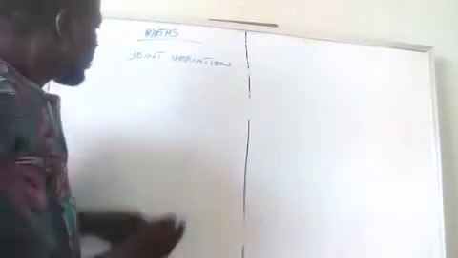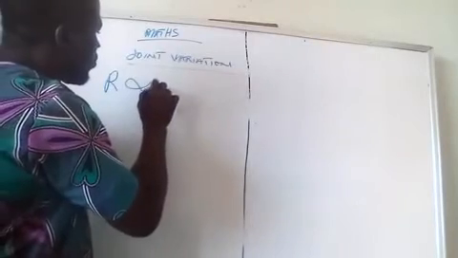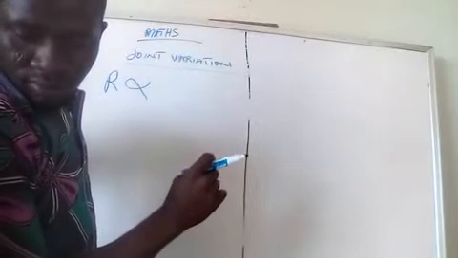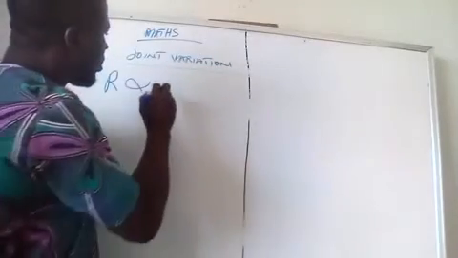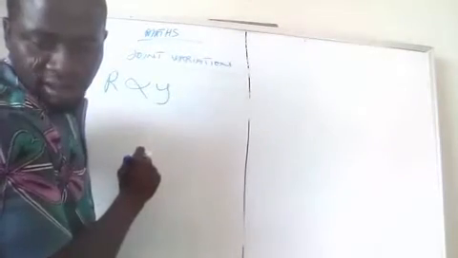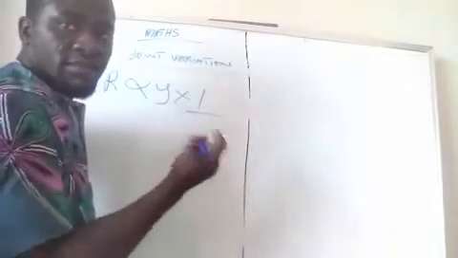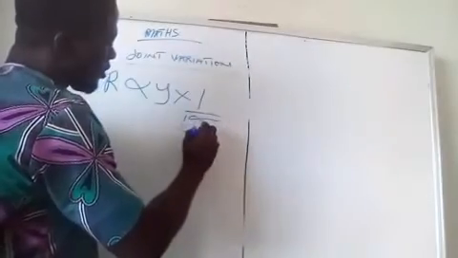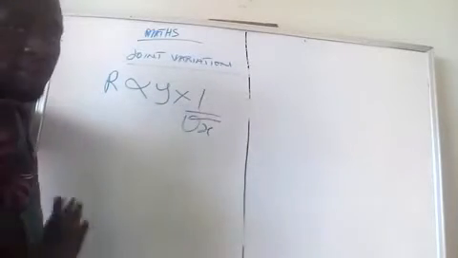That's K. Then R is directly proportional to Y and inversely as the square root of X. You know anything inverse is 1 over, so this is what the relation is all about.